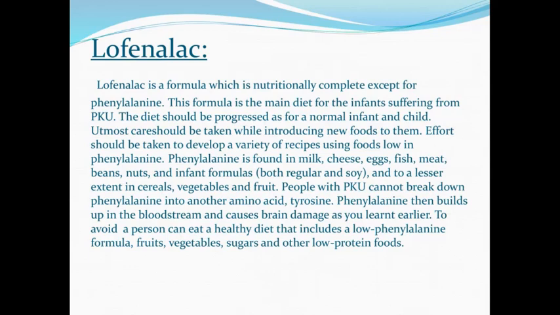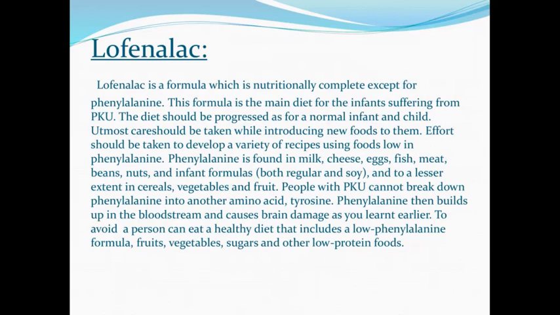Efforts should be taken to develop a variety of recipes using foods low in phenylalanine. Phenylalanine is basically found in milk, cheese, eggs, fish, meat, beans, nuts, and infant formulas, both regular and soya, and to a lesser extent in cereal, vegetables, and fruits.